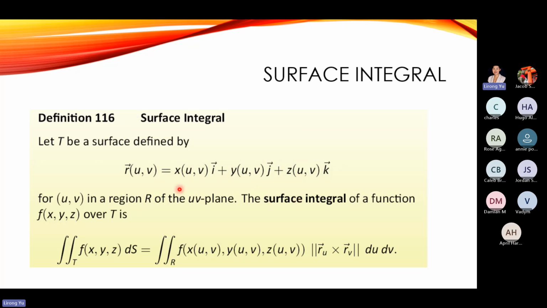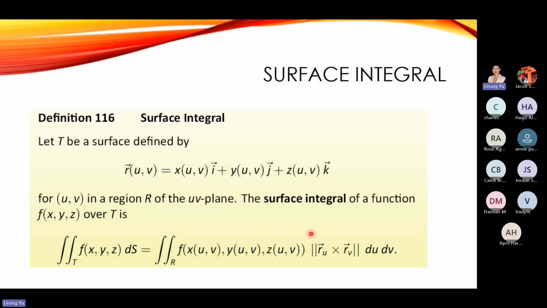So if you're integrating along this surface, then all the formulas have to be affected by the representation. For example, if you're integrating a function f(x, y, z) dS on this surface, then the x, y, z inputs for the function f will follow the same representation. So x becomes the x in r(u, v), y becomes the y, z becomes the z.